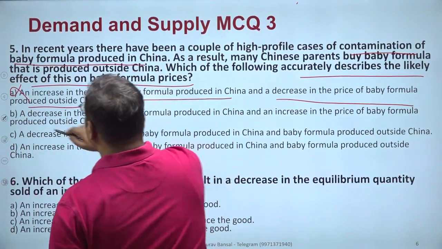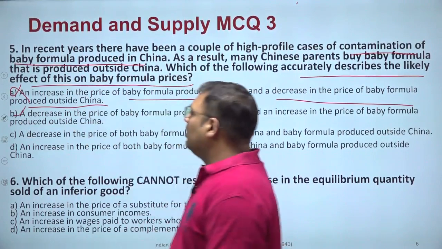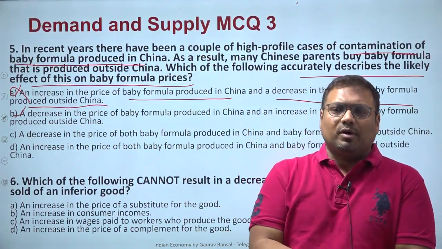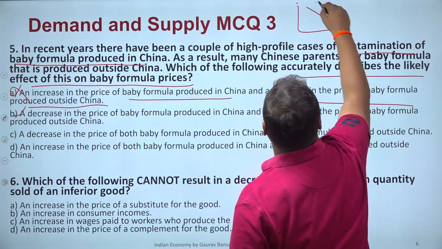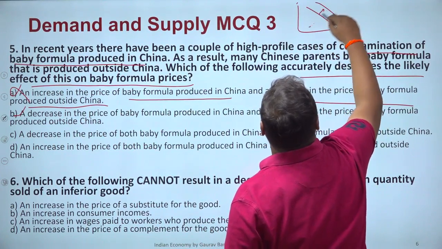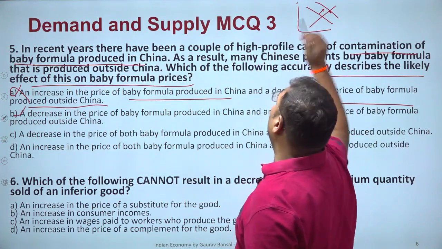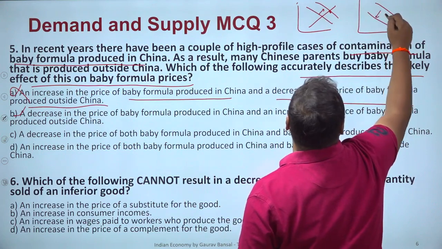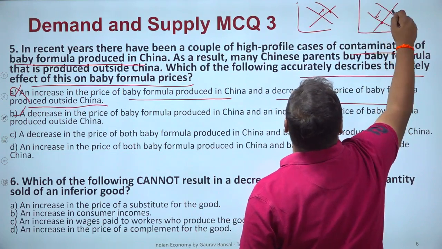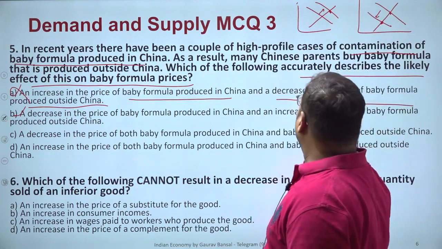So in this case, B will be the answer. Okay, because demand for the foreign, imported product is more, so equilibrium price, okay, this is demand 1, this is demand 2, and this is supply. So the price will increase in the new equilibrium for foreign products, and for domestic products demand has fallen like this, and on the supply curve the new equilibrium will be lower, so its price will fall.